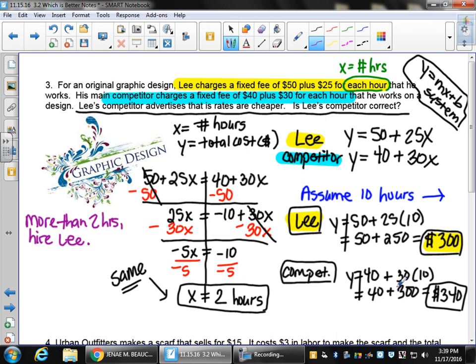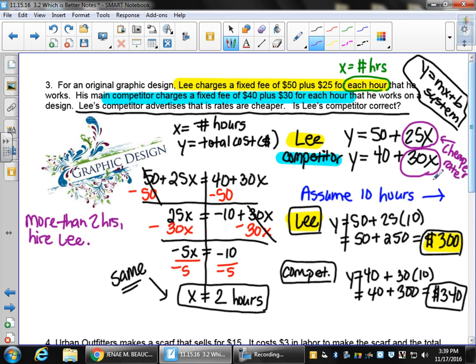It was possible to reason out the answer without the proof. When I look at their rates, Lee charges $25 per hour. The competitor is $30 per hour. Who has a cheaper rate?